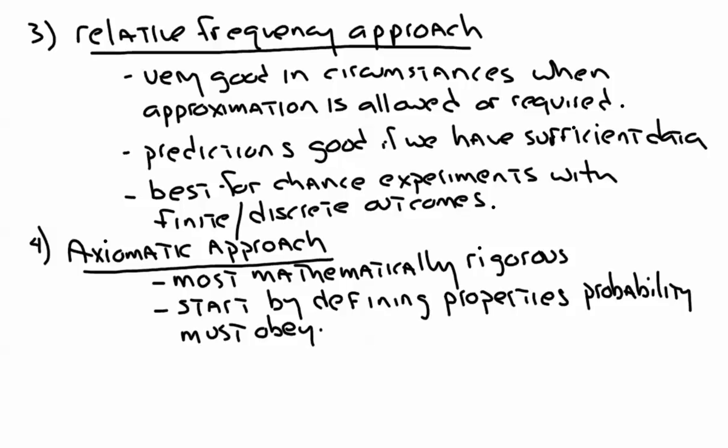The good news is there are only 3 axioms. It always amazes me that there are only 3 axioms of probability that we can use to build an entire body of axiomatic probability theory.